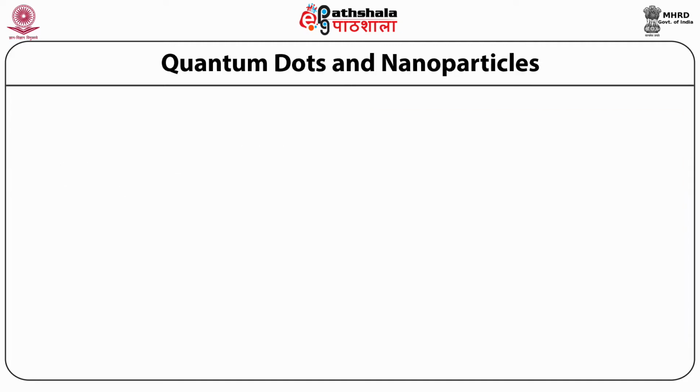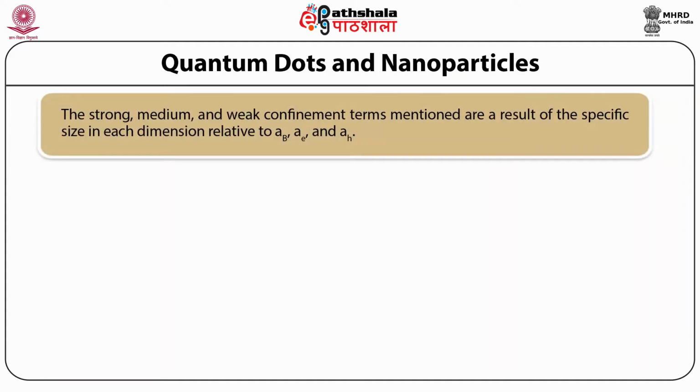dimensions. The strong, medium, and weak confinement terms mentioned are a result of the specific size in each dimension relative to Ag, Ae, and Ah. In the case of strongly confined systems, the restricted dimensions are smaller than both Ae and Ah.